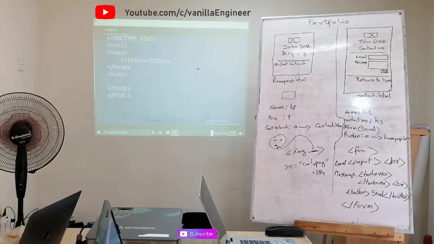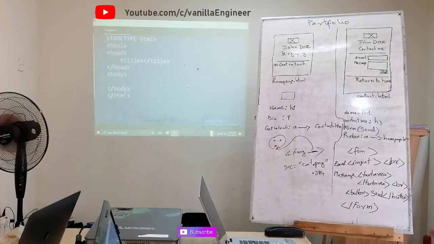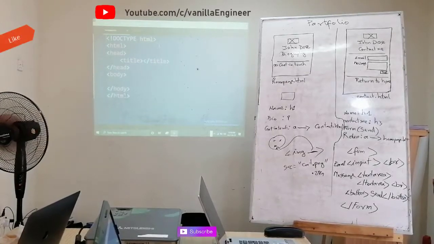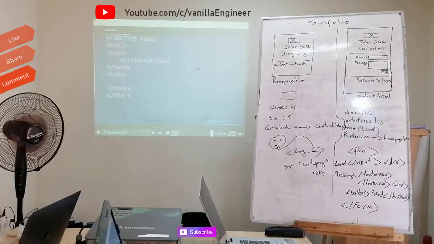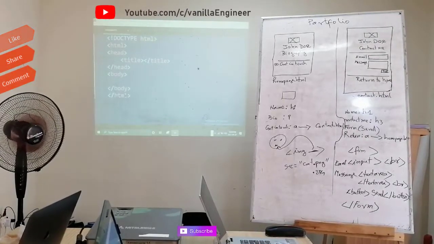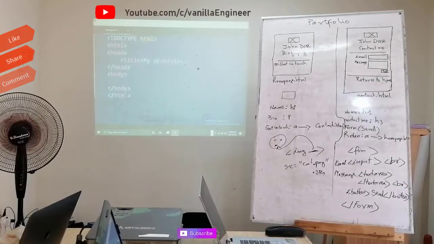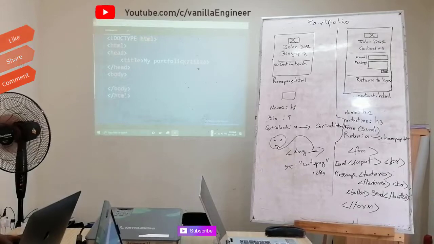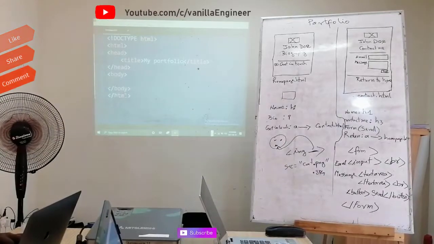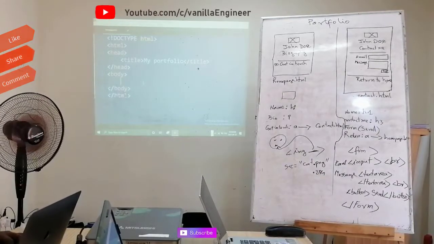At the moment you save it as .html, it knows now, oh, this is an HTML file, let me start auto-completing with HTML. Right? Okay. So we have our skeleton, and as title, I'm going to write my portfolio. And then after the title, I'm going in the body tag.